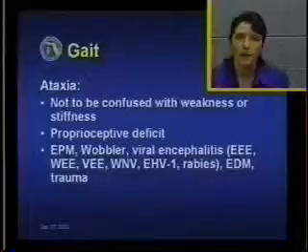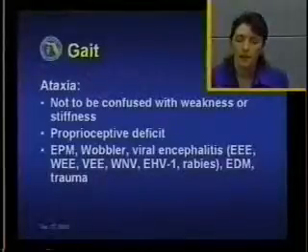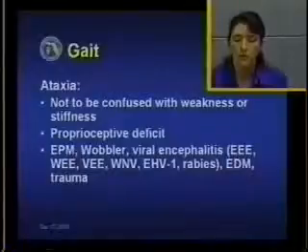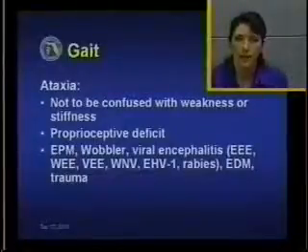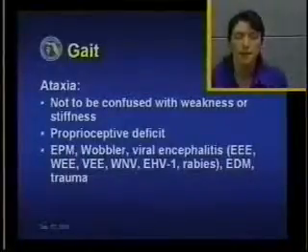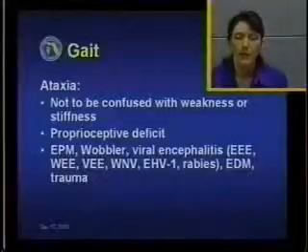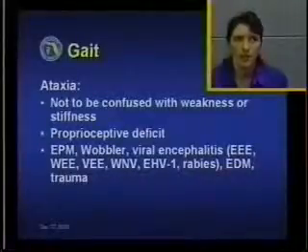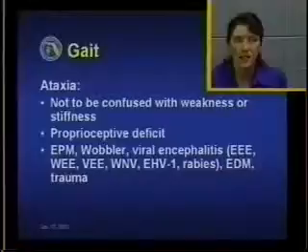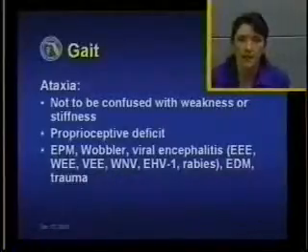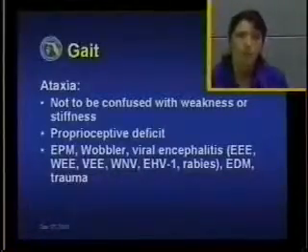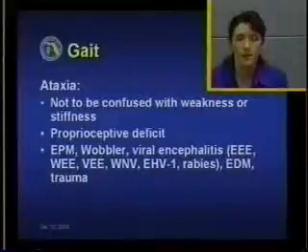Now, when we look at horses' gait, and obviously this will be addressed also in the surgery lecture, which will look at problems of lameness. From an internal medicine standpoint, when you look at the gait, you will mainly be looking for signs of ataxia. And ataxia should not be confused with weakness or stiffness.